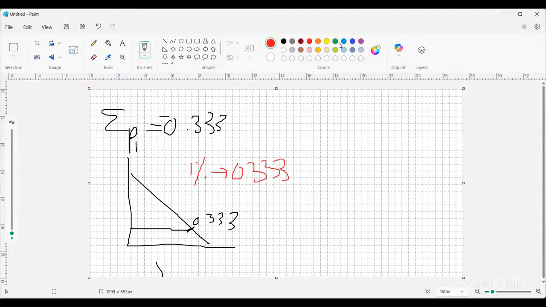For example, the price increases 1%, demand decreases. This happens always opposite. 0.333. So that's the percentage change.